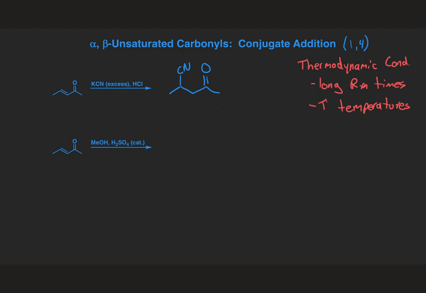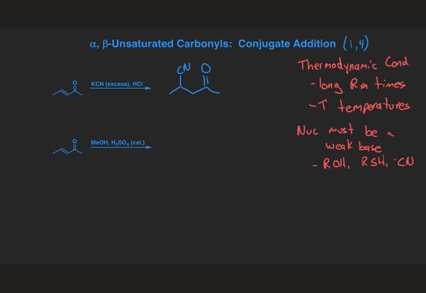You also have to have a weak base for a nucleophile, so your nucleophile must be a weak base. Some examples that you might see of this are alcohols, thiols, and we've just seen cyanide, which is a weak base.